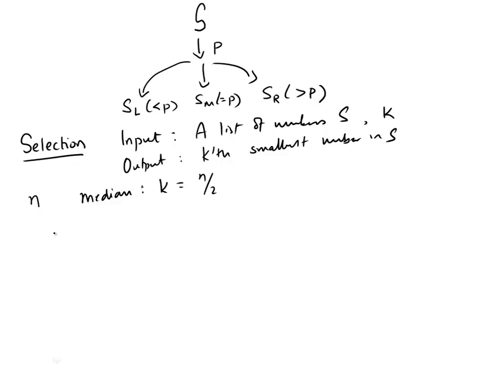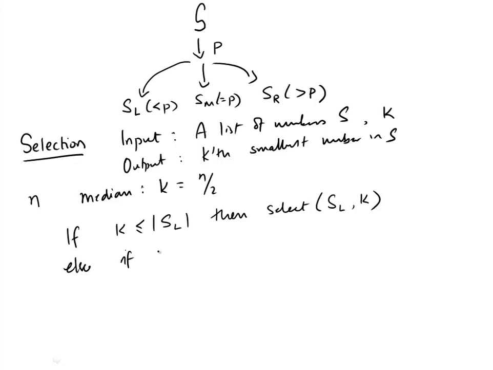Now we can solve this by divide and conquer, because we can take the list S and split it up into these three parts. And then if k happens to be less than or equal to the size of SL, then I know that the kth smallest element is in SL. So then I can recursively call select on SL with k.